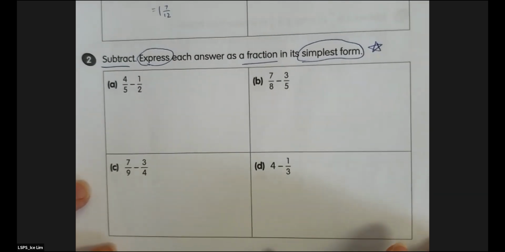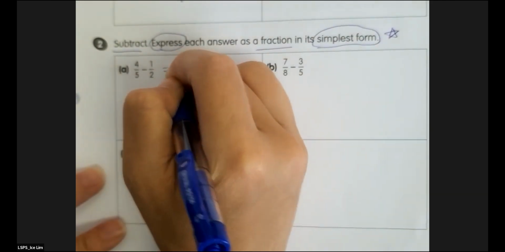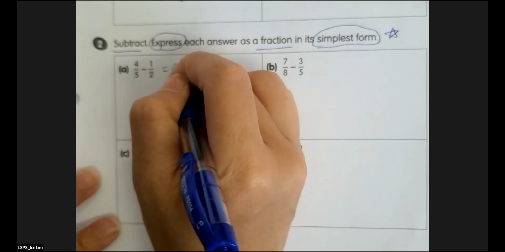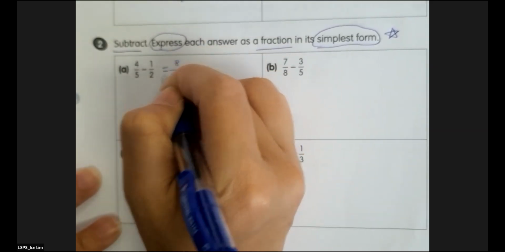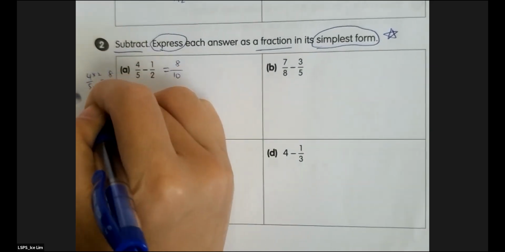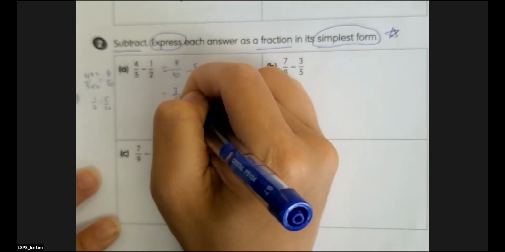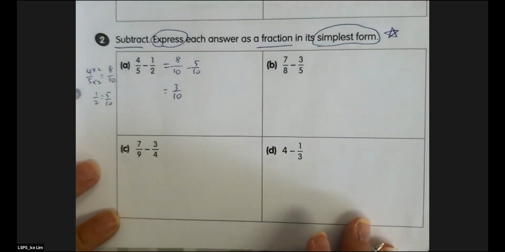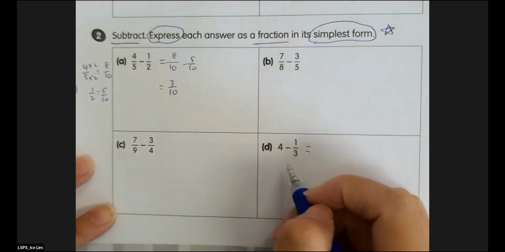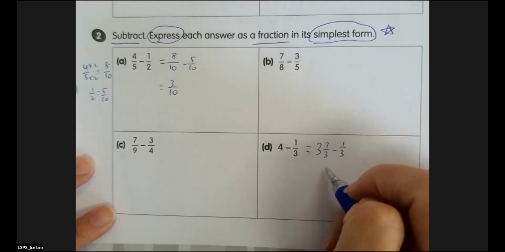Okay, for this one, and this was a question we just did earlier. 3 3/3 minus a third, then we get 3 2/3.